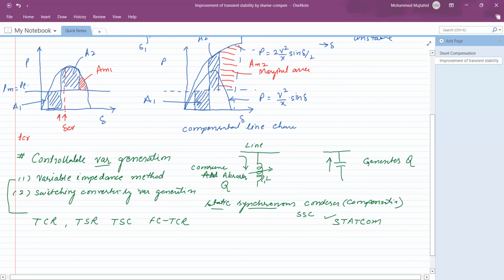Whereas in the variable impedance type, we will discuss the thyristor controlled reactor, thyristor switched reactor, and thyristor switched capacitor in the next lecture. So this is the summary lecture for shunt compensation. For now, next time we will take the remaining part as summary lectures.